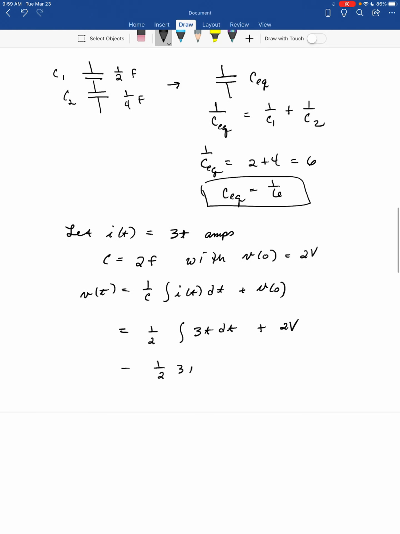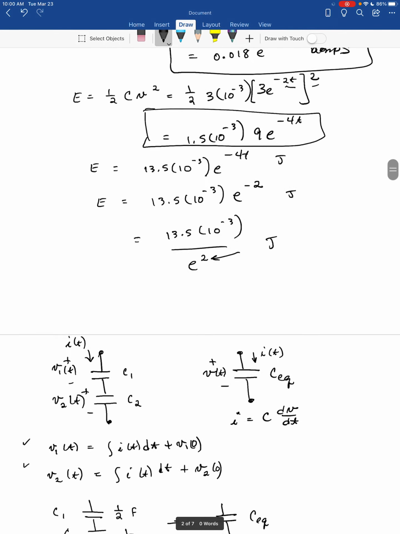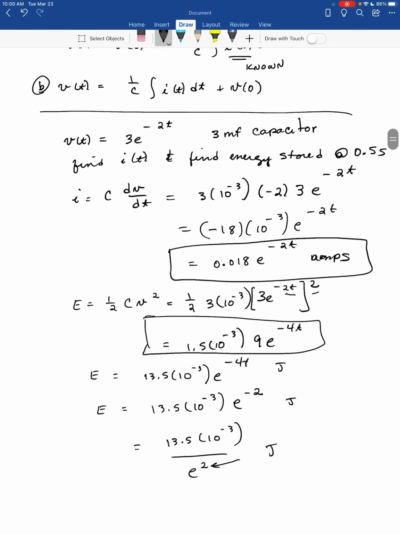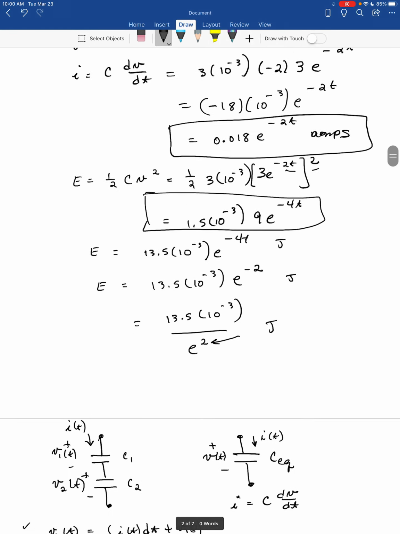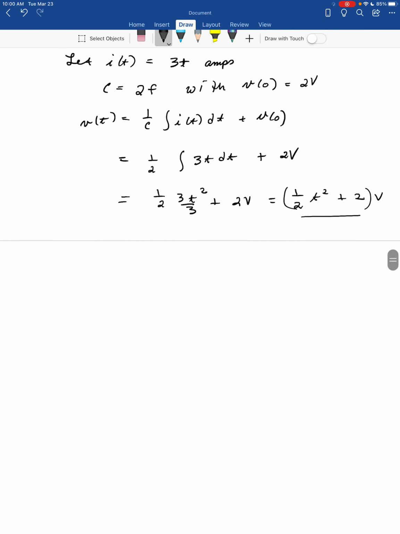So that is 1/2 times 3t squared over 3 plus 2 volts, or 1/6, actually 3/6, so 1/2 t squared plus 2, all of that in volts. So you can see the voltage is going to be a function of time because the current was a function of time. And up here in the first example we worked, the current was a function of time because the voltage was a function of time. Okay, so that's a couple of examples.